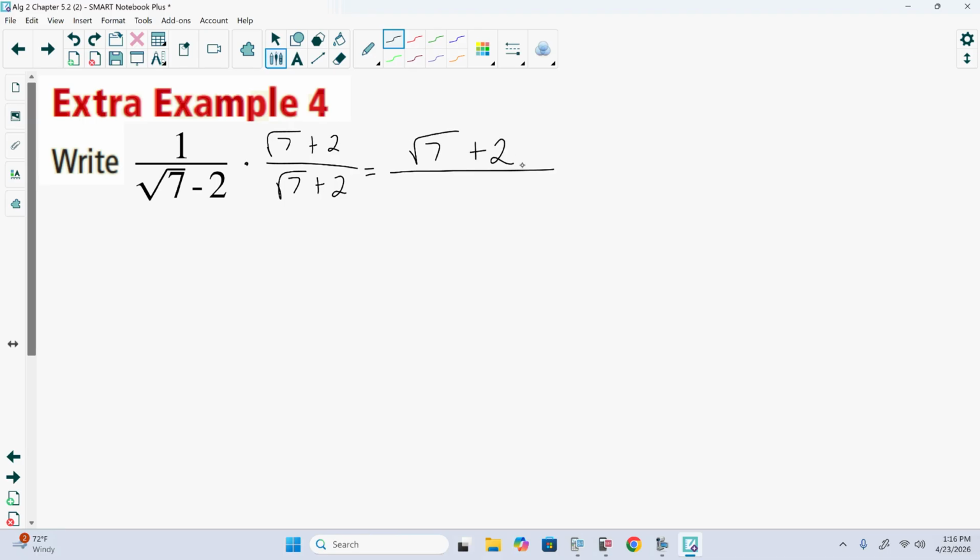Well, the numerator is just going to be square root of 7 plus 2 because we're multiplying it by 1. Square root of 7 times square root of 7 would indeed be 7. Square root of 7 times positive 2 is plus 2 square root of 7. Negative 2 times square root of 7 is negative 2 square root of 7. And negative 2 times 2 is negative 4.